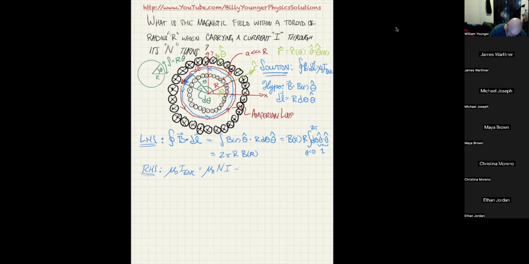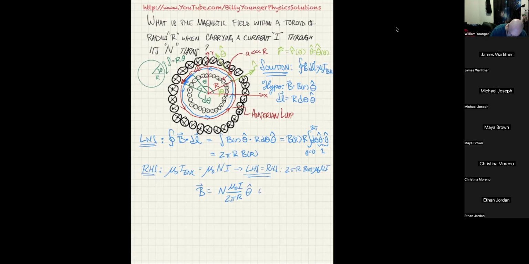So now I can write left-hand side equals right-hand side. And that's going to give me 2 pi r B of R is equal to mu 0 N I. So B is actually going to be equal to N times mu 0 I over 2 pi r, all of that in the theta hat direction.